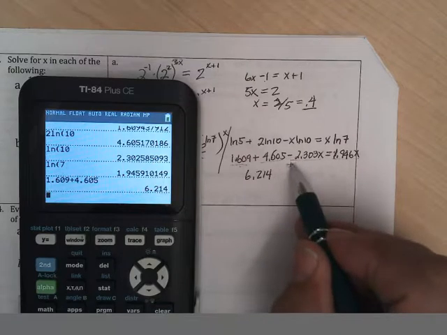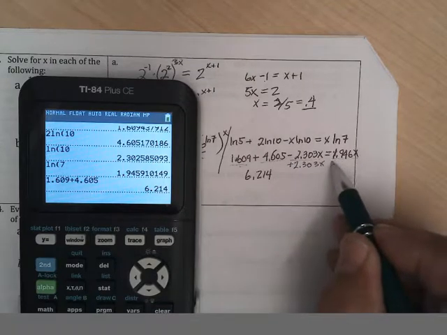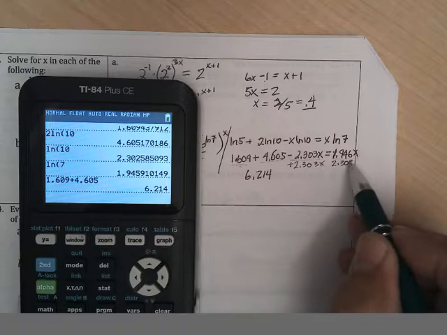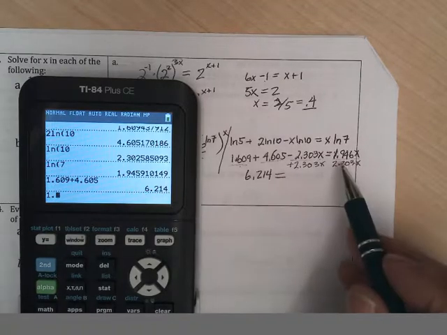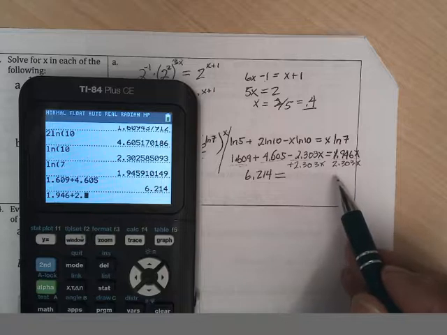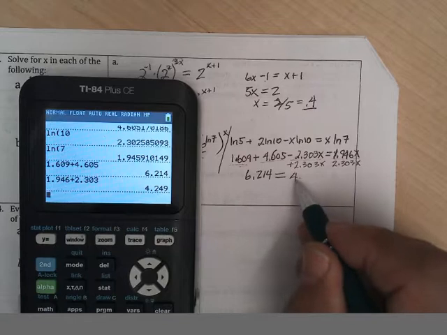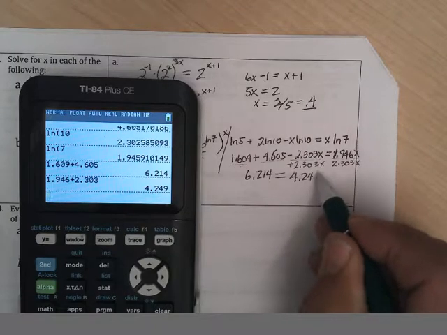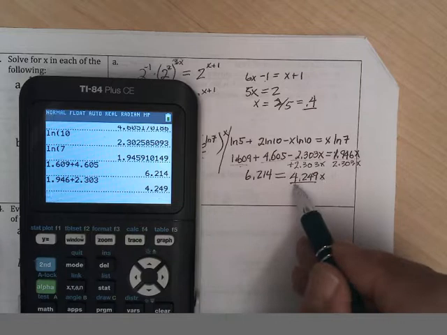And I'll add this amount to both sides, 2.303x, 2.303x, and I get 1.946 plus 2.303 is 4.249x, and to solve for x, I divide by the number that's times it.